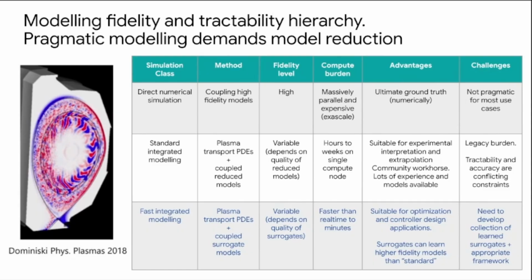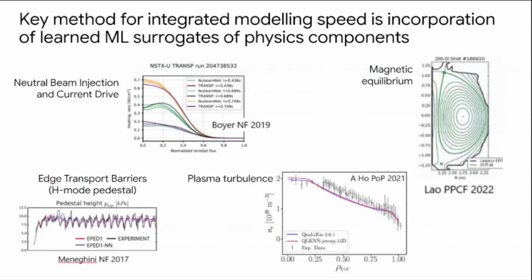The outcome is, of course, fast, hopefully accurate, and also differentiable, since ML surrogates are nested nonlinear functions which are differentiable. So the challenge is to develop this collection of learned surrogates and an appropriate simulation framework, and that's where TORAX comes in.